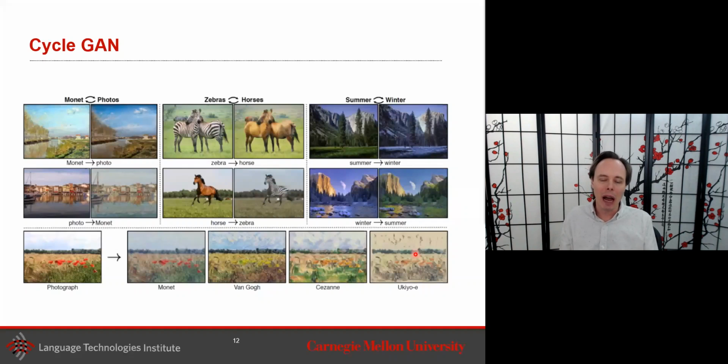Even though you don't have the exact same landscape in winter and summer, you can swap them around. So that was really interesting. So this is CycleGAN. There are a lot of great things with this architecture, with a bit of a challenge on the optimization, and we'll discuss that a little more next lecture.